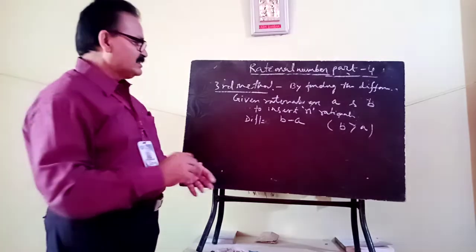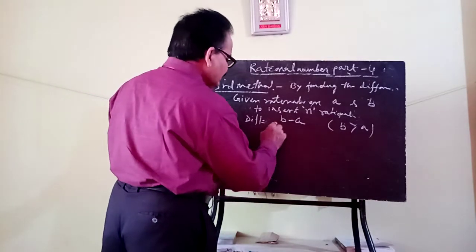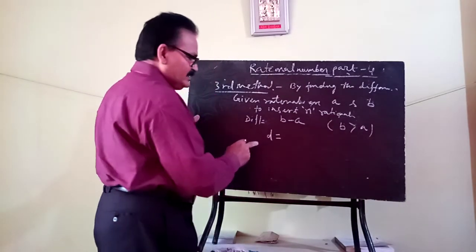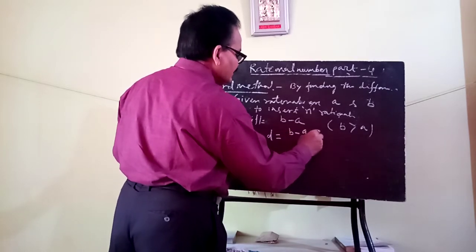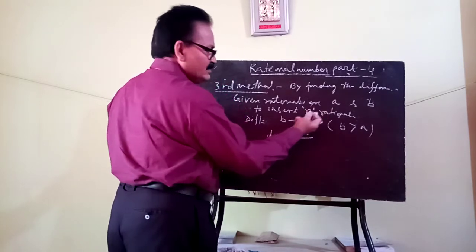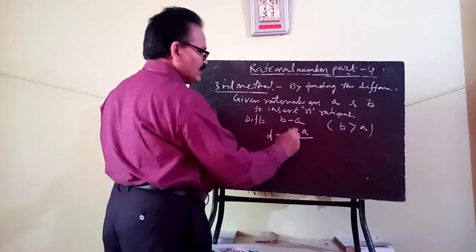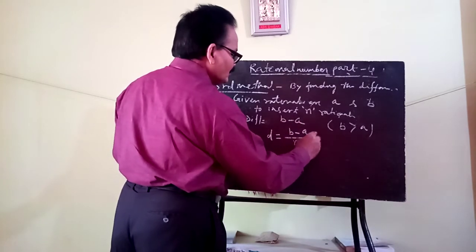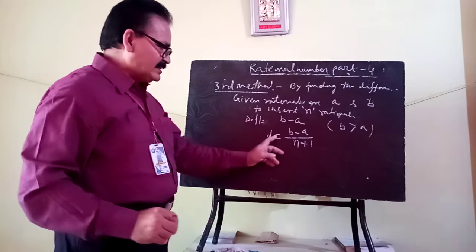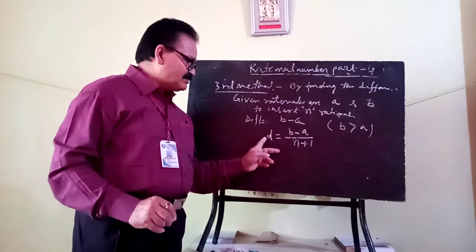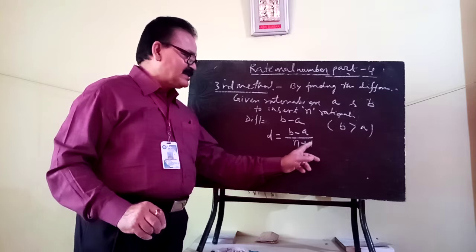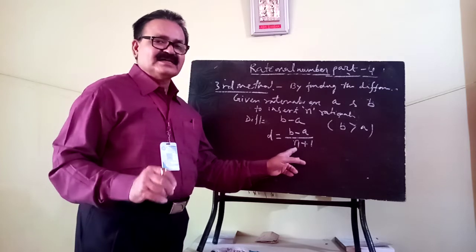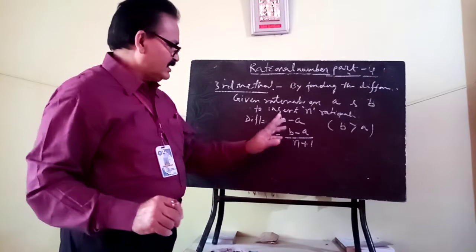Clear? Then here D equals, you have to find a value D, that is (B minus A) by (n plus 1), where n is the number of rationals to be inserted. You find the ratio, that ratio is termed as your D. Difference divided by n plus 1. Clear?